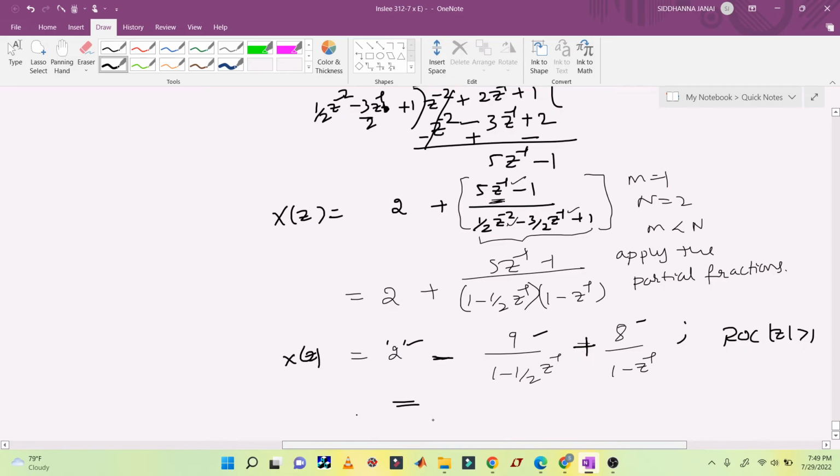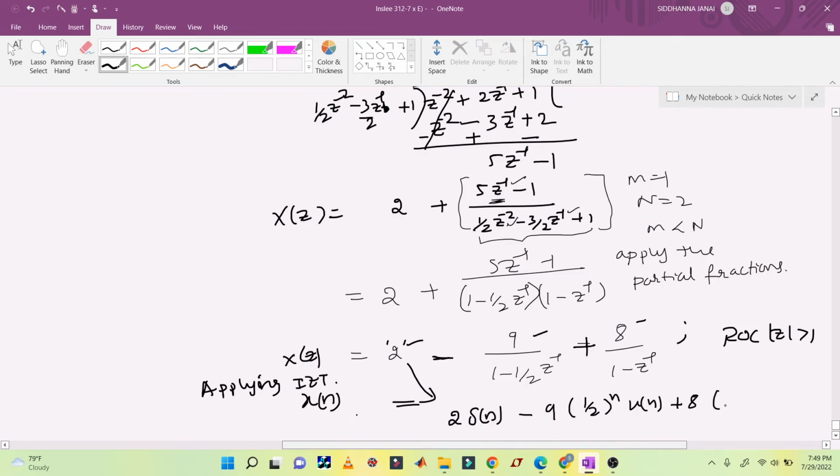So what we get is 2 into delta of n, applying inverse z transform, minus 9 into 1 by 2 to the power n u of n plus 8 into 1 to the power n u of n.